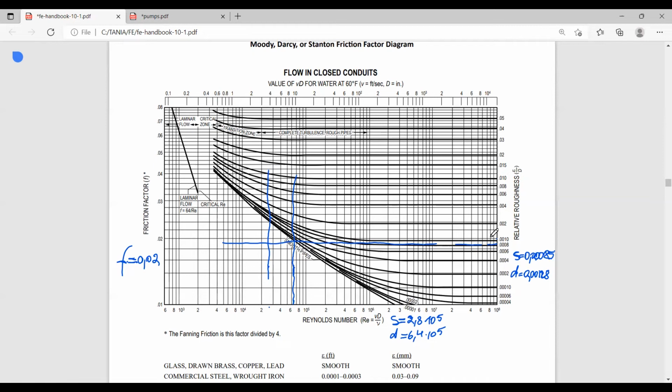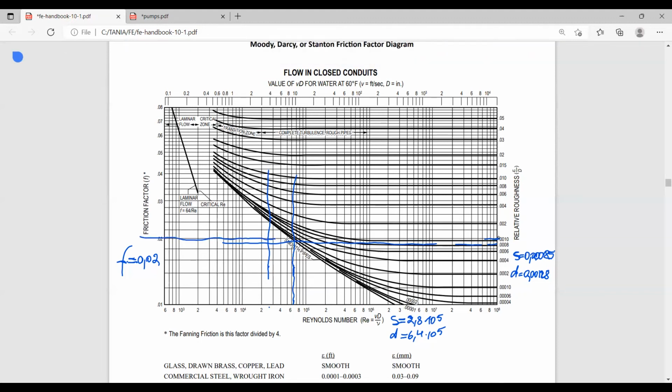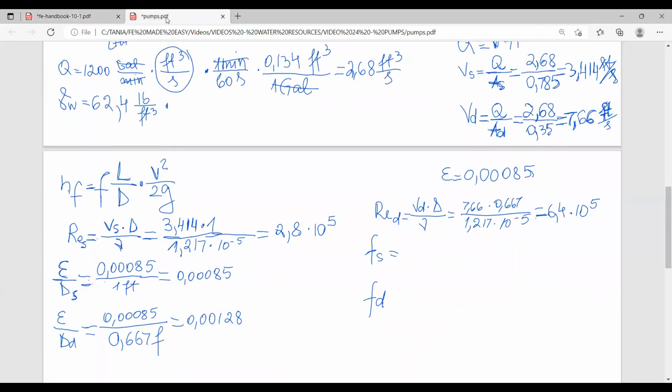So I will just go ahead and assume it's this line over here. And going all the way, it gets me to friction factor 0.02. So for both cases, suction and discharge, I will go ahead and use friction factor as 0.02.